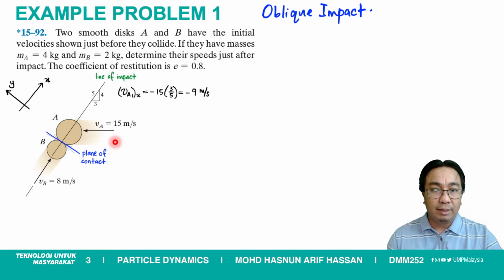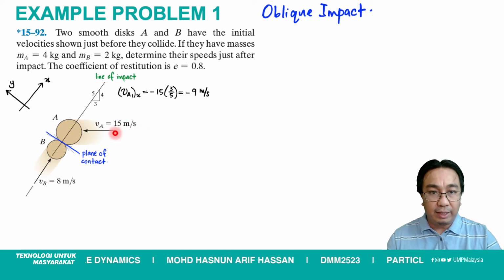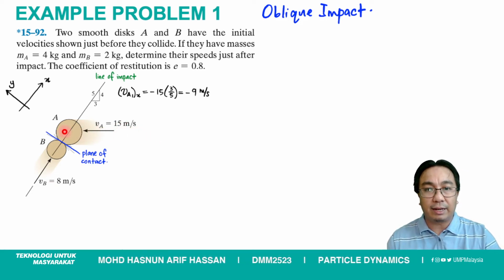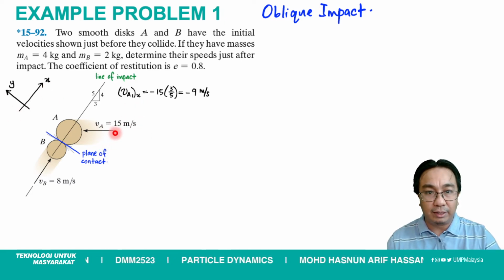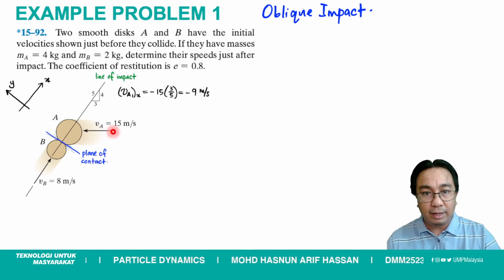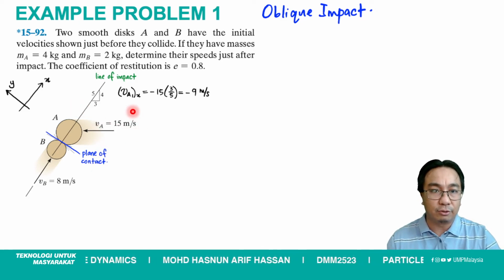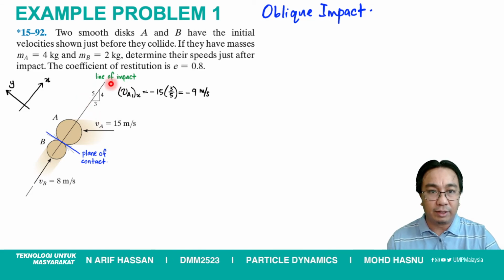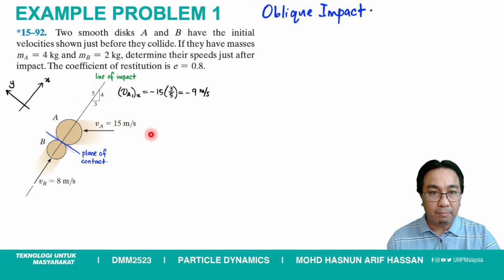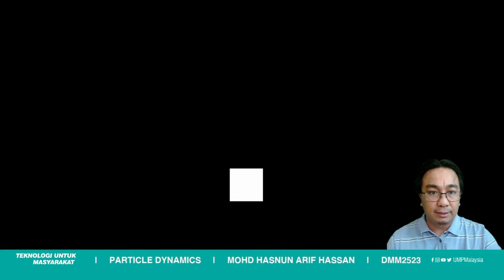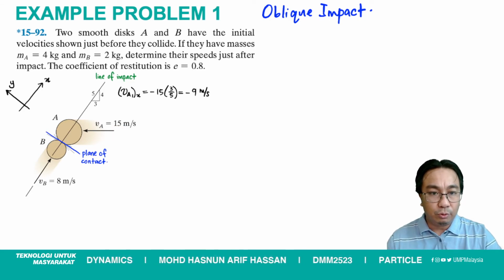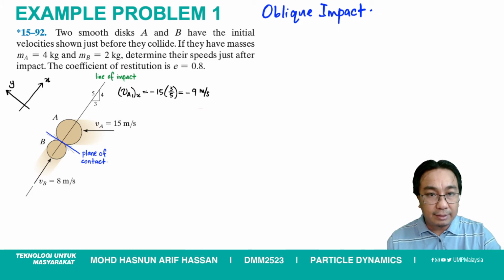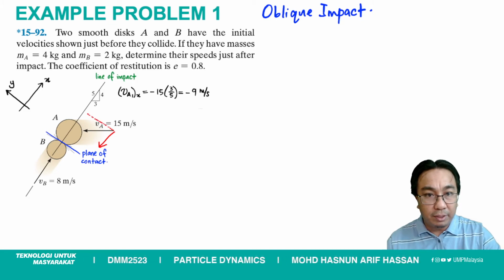problem. Now, we know VA is coming at 15 meters per second in this direction, so we're going to have to resolve VA into x and y axis. So this is definitely negative x-axis pointing this way and positive y-axis pointing in that direction. So you're going to have VA1x, use this small triangle given here, minus, and VA1y positive, because the VAX will be in this direction, and VAY will be in this direction.